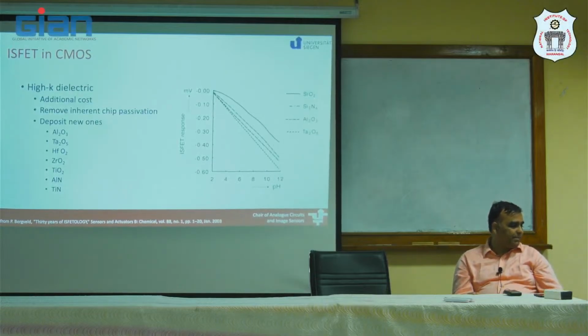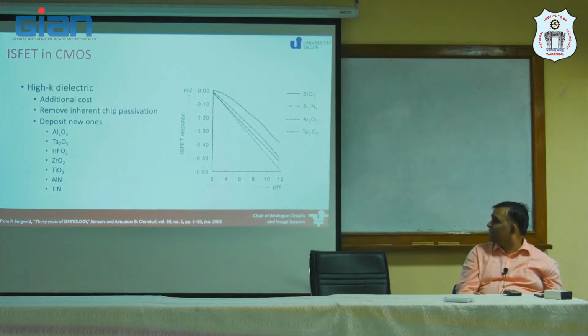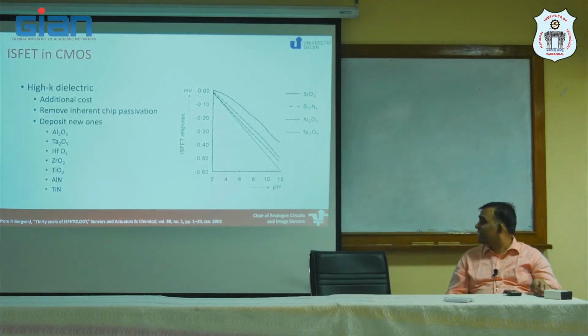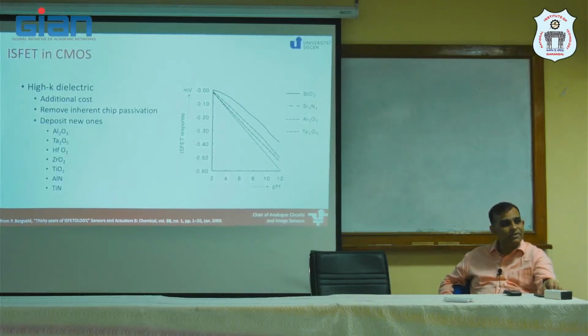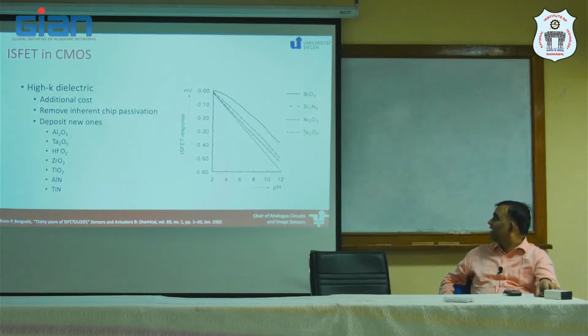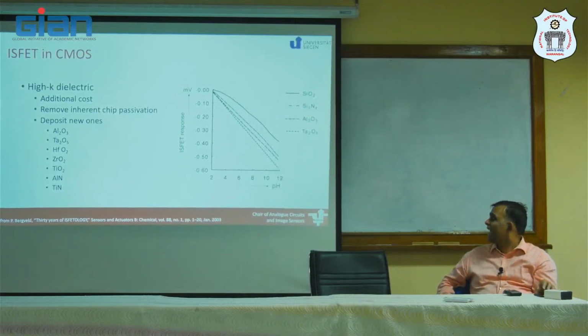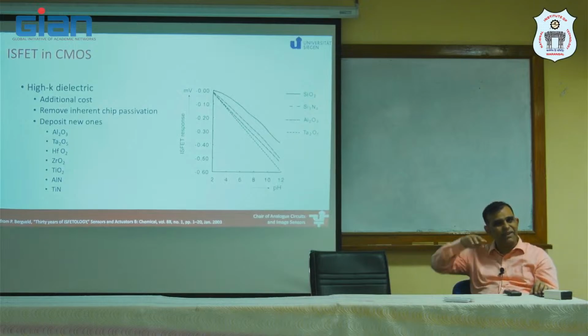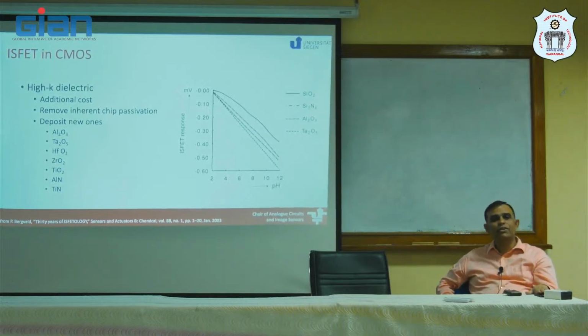Now, if you look at the performance of ISFET responses versus various pH for various oxide layers, you can see that things like tantalum oxide have a very good linear response. Silicon oxide, which is my native oxide, does not have a very good linear response. It is a very non-linear response. And this is where your problem comes in.